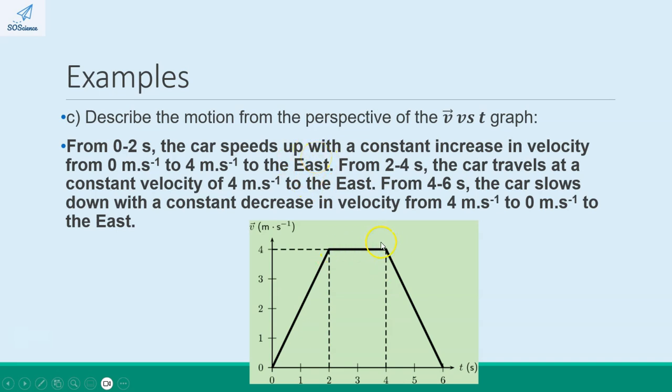Then from 2 to 4 seconds, the car travels at a constant velocity of 4 meters per second, still to the east. And from 4 to 6 seconds, the car slows down with a constant decrease in velocity in this case, from 4 meters per second to 6 meters per second, still in the positive direction to the east.